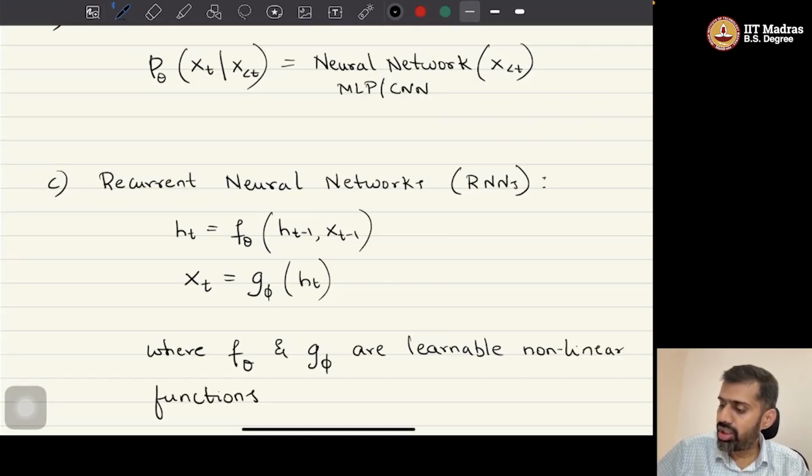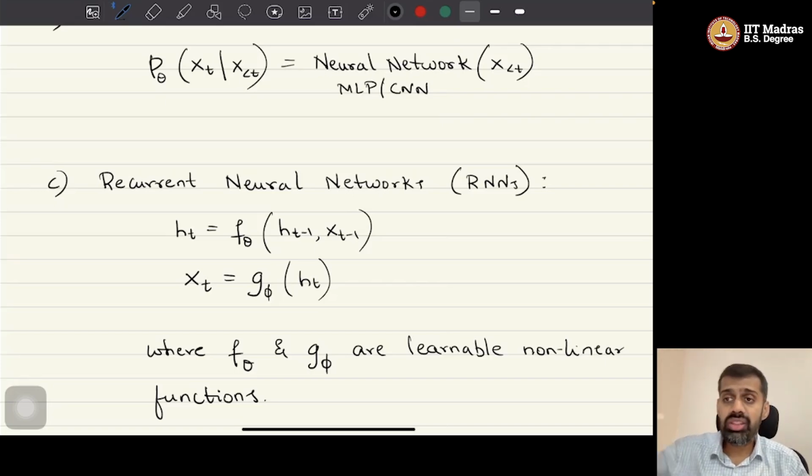Depending upon the form of f theta and g phi, there are several families of recurrent neural networks. You change f theta and g phi, you get different families such as GRUs and LSTMs and so on.